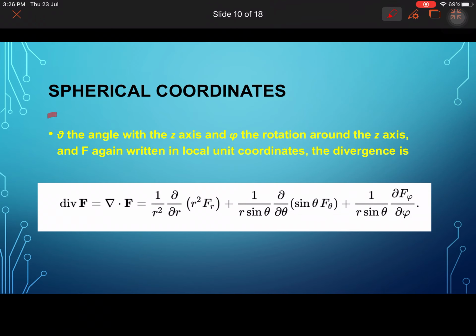So this is r, theta and phi. We know that r, theta and phi are the axes in the spherical coordinate system.